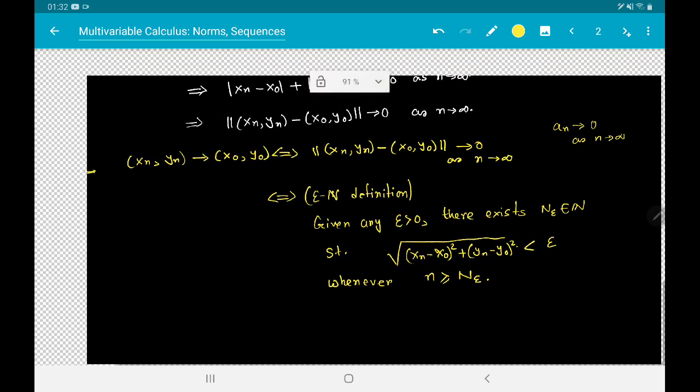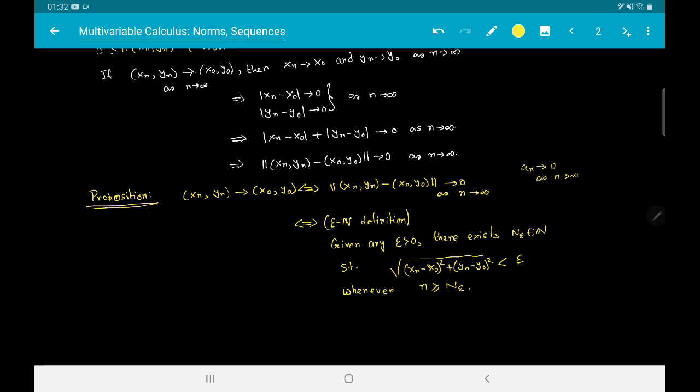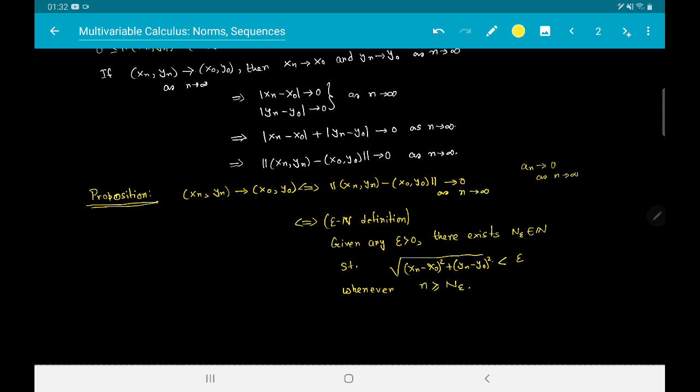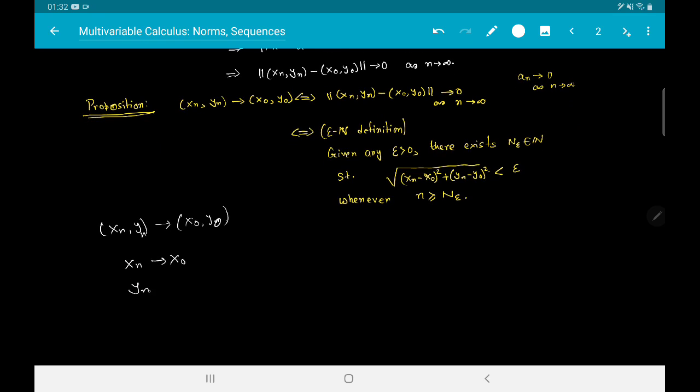So this is how ideally you would like to start your definition of convergence of sequences, but we have ultimately arrived here. The key point is that in order to study convergence of sequences of the form (xn, yn) to a tuple (x0, y0), it is enough to study the convergence of these two real sequences: whether xn converges to x0, whether yn converges to y0.